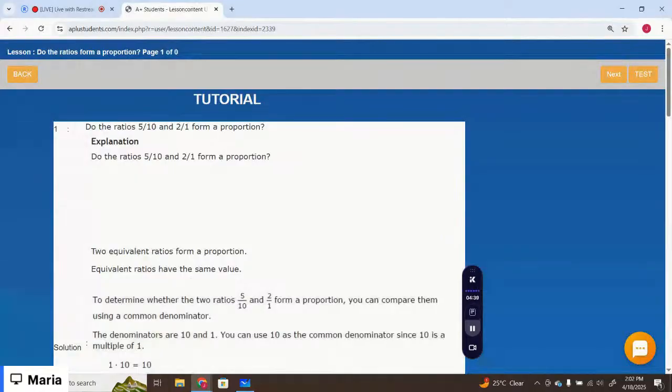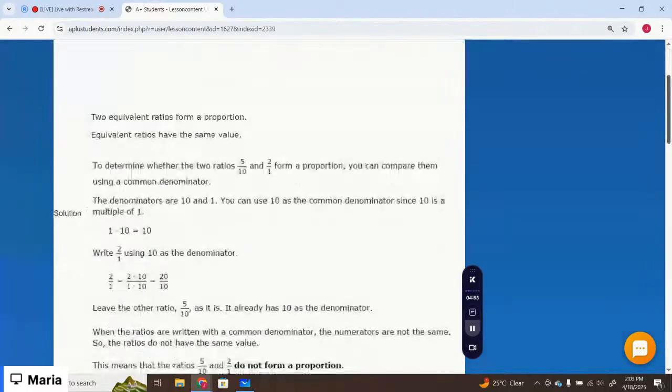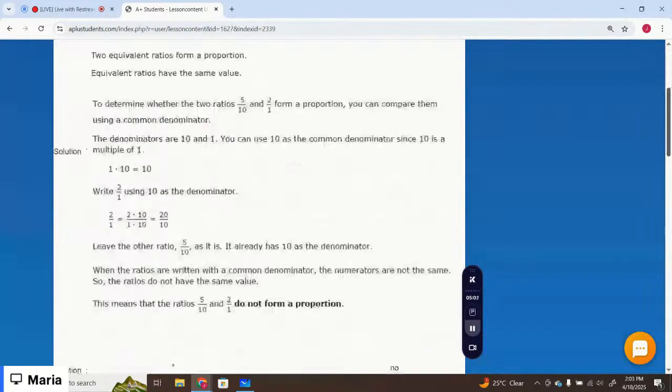Do the ratios 5 by 10 and 2 by 1 form a proportion? Equivalent ratios form a proportion.